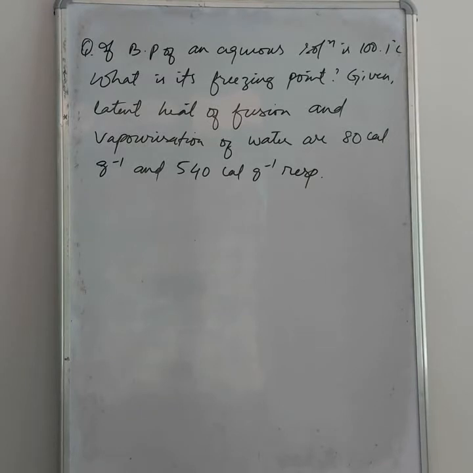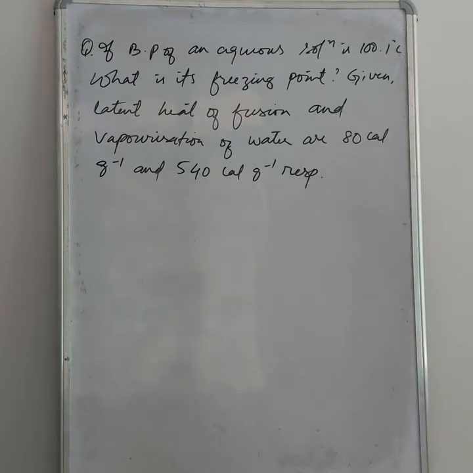Okay, here's another example. The boiling point of an aqueous solution is given as 100.1 degrees Celsius. We have to calculate its freezing point, and we are given the latent heat of fusion and vaporization of water.